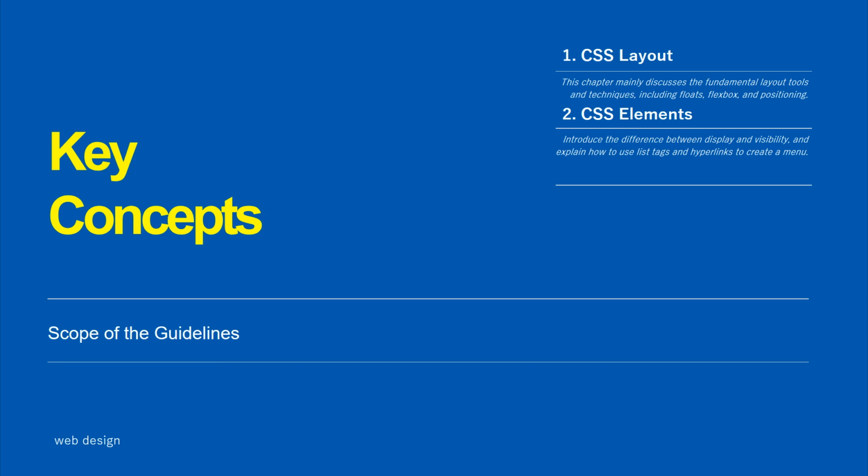One is UL, the other is OL, and we use LI to create our list items. Based on this, we want to make sure the list tag can be combined with hyperlinks, because if we combine these two things, we can create a menu. So this is about today's lecture.